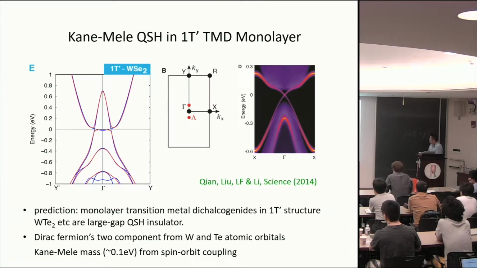And here, the spin-orbit interaction in these materials is much larger than in graphene because it involves heavy elements like tungsten. The gap due to spin-orbit coupling is on the order of 100 millielectron volts. And you can see that near the edge, there are edge states, counter-propagating edge modes with opposite spin polarization.